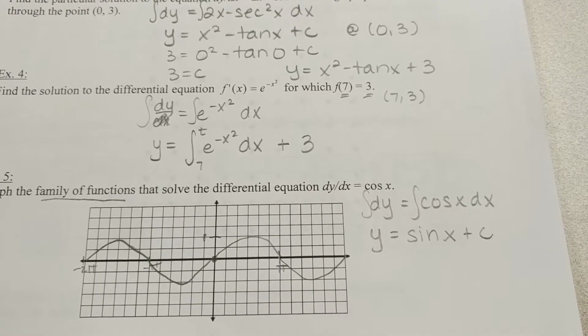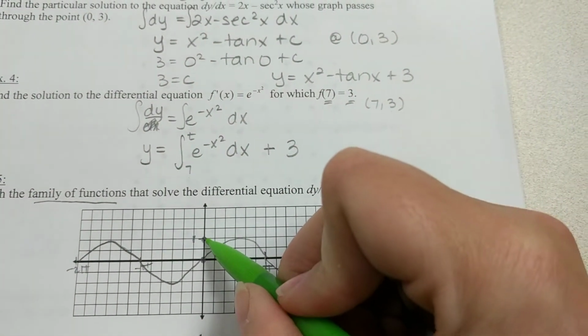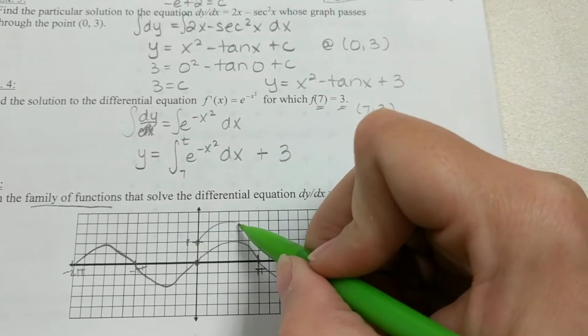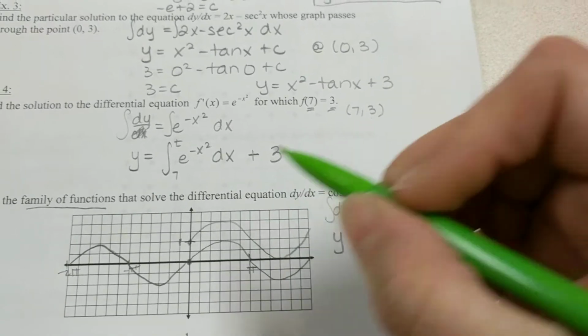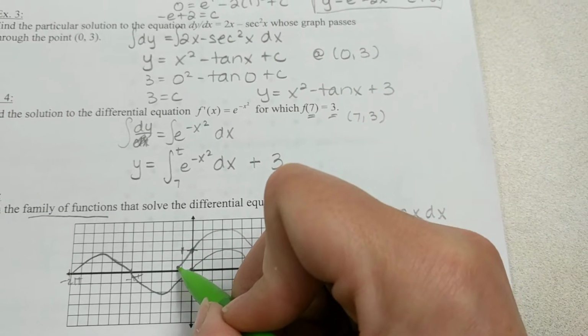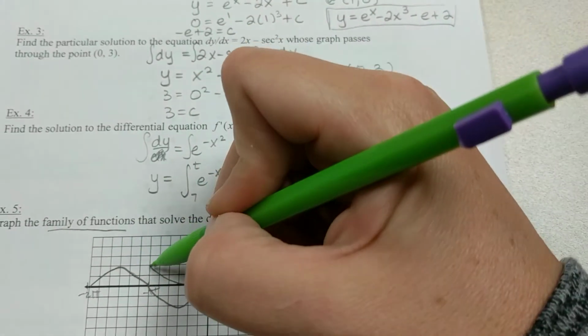And so since it says to graph the family of functions, you can now move it up 1 and graph the same function. And so basically they just want you to do multiple versions.